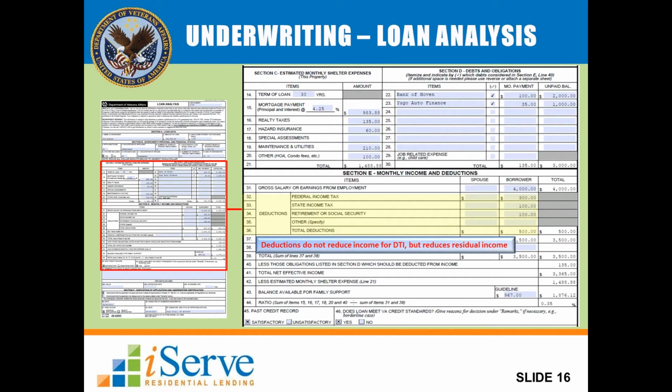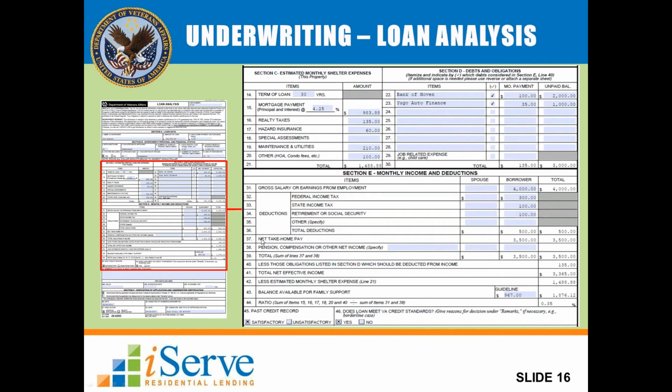This is different than any other loan type that we work with: their federal and state income tax deductions, their retirement or Social Security, what they put into those accounts, and then anything else that may apply that's taken out of their paycheck. So in this case, we have a total, you can see on line 36, of $500 in deductions. Again, those aren't going to affect our DTI in any way. It's only going to affect our residual income.